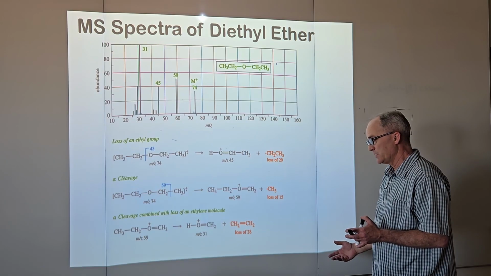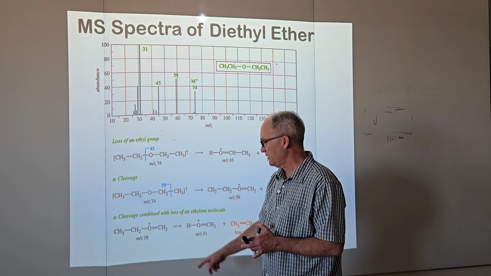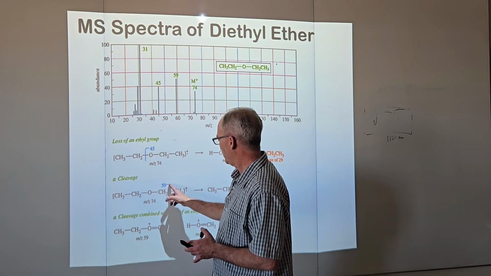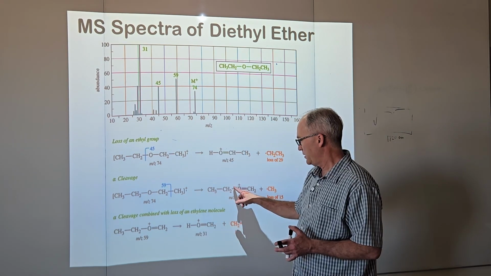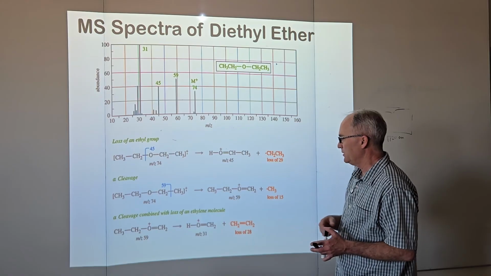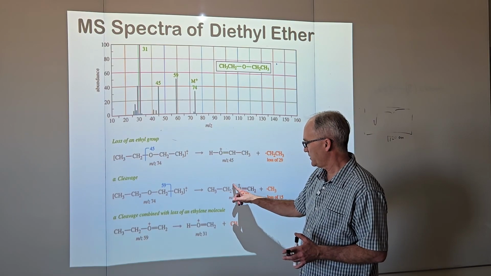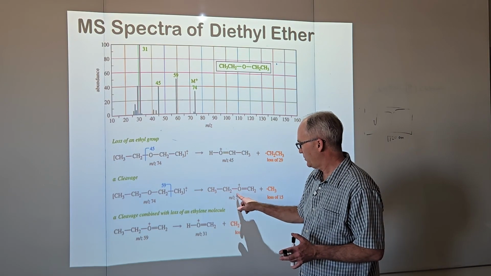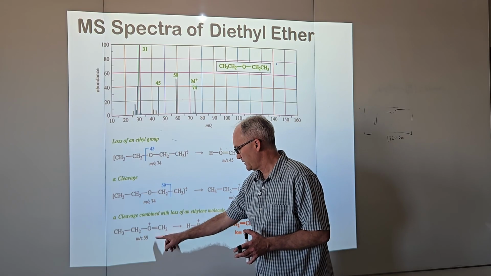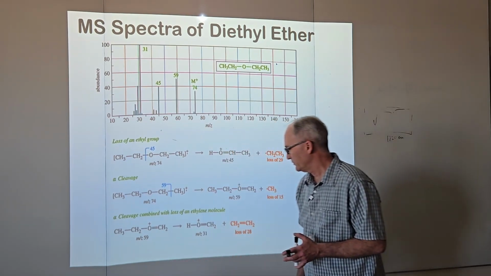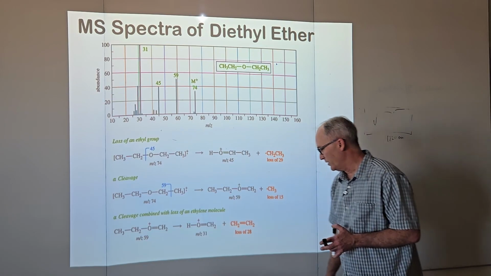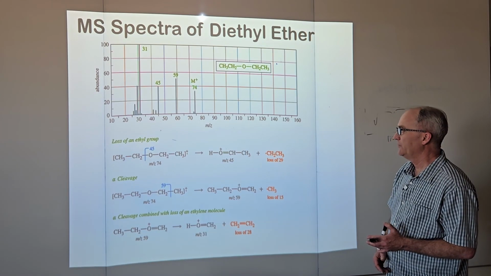Now something interesting says here alpha cleavage. That means cleave right there, we get this thing. Now this thing here can lose an ethylene molecule. So it's almost like this breaks off, but it gives it 1 proton. And here's this thing at 59, cleaving there gives us this 31, loss of 28 from 59.